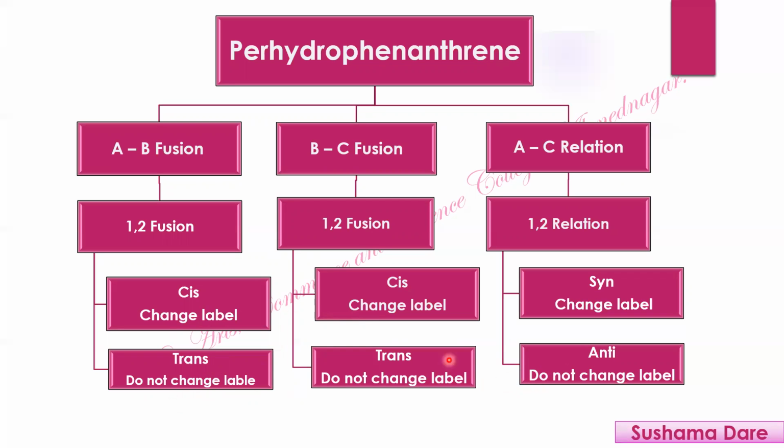This is applicable only if the relation between the two rings is 1-2. If it is in cis-syn relation and I have an equatorial bond, the next one is axial. That we will discuss in detail in the next slide.